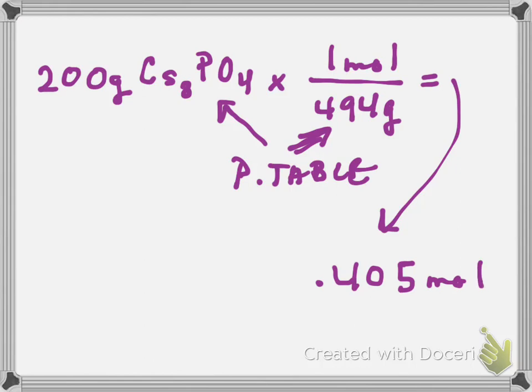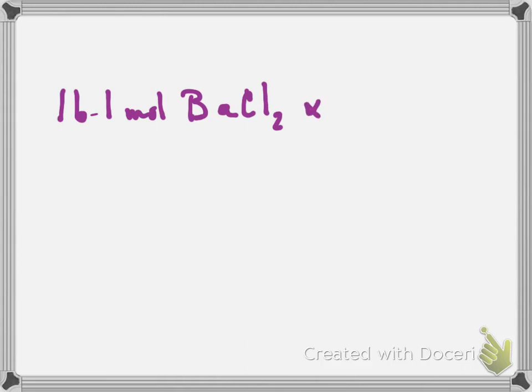That's it. Question 6. How many grams are in 16.1 moles of barium chloride? Always write down the number you're given, 16.1 moles of BaCl2. Now I need to go the other way with my conversion. I need to cancel out my mole unit, and I need the formula mass of barium chloride, which ends up being 208.3.